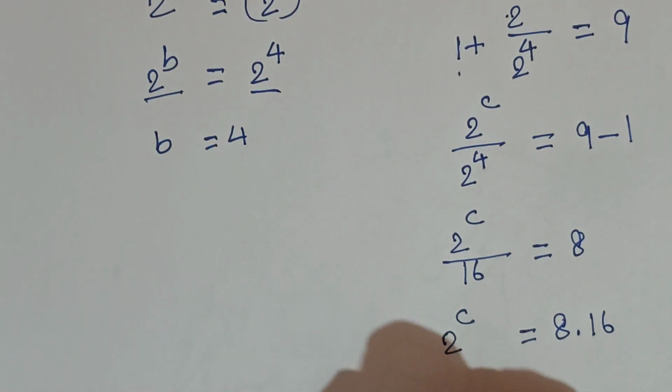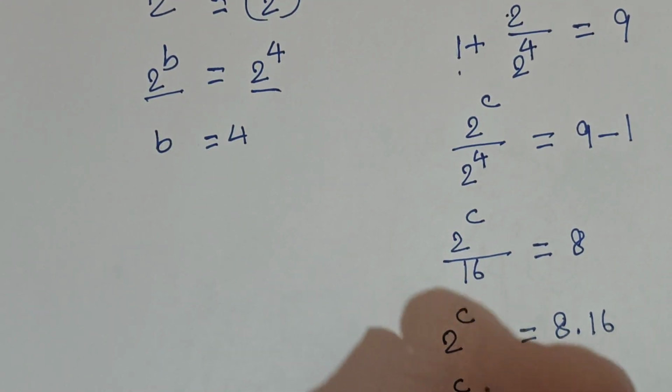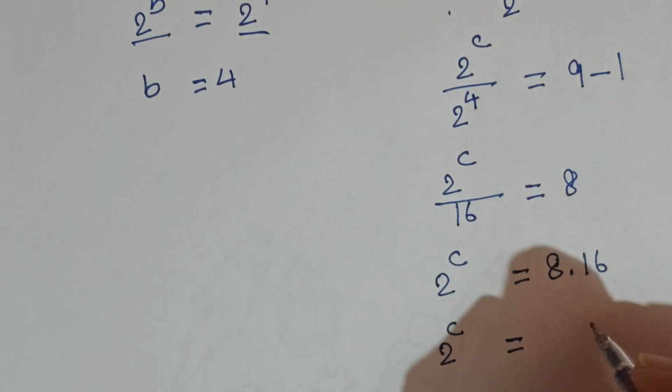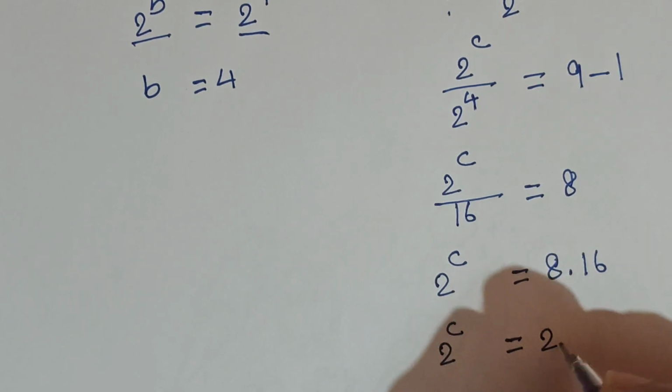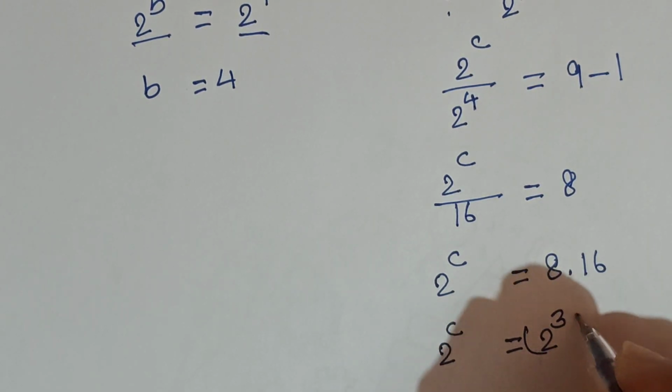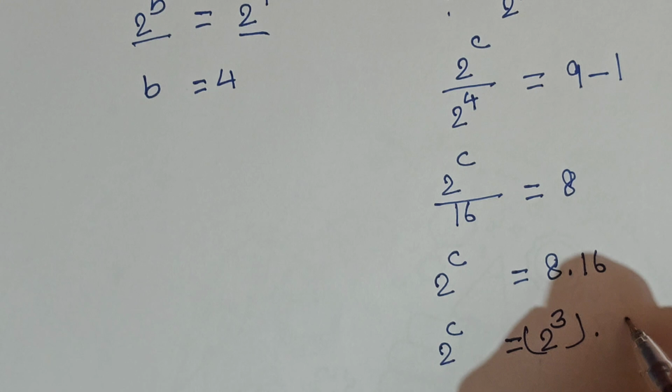So 2 to the power c is 2 to the power 3 into 2 to the power 4.